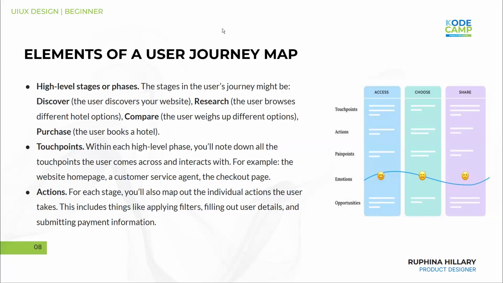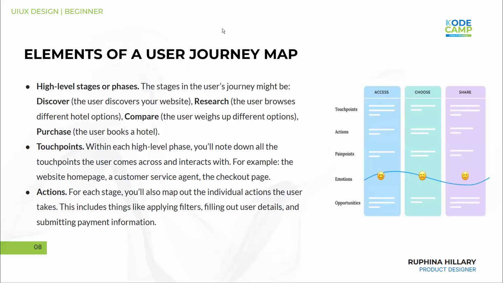These are actions they are taking at that first stage of awareness, or that high level phase of discover. Applying filters, you can apply this action in the research stage of the hotel case I gave before.